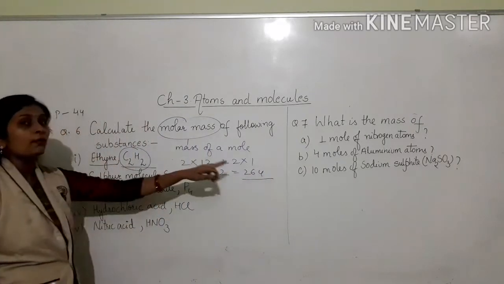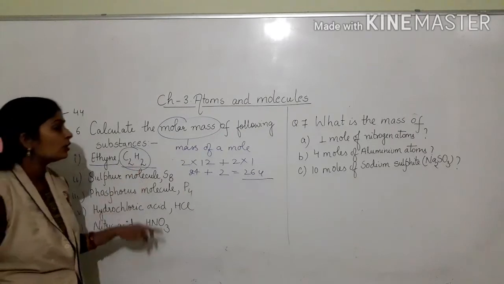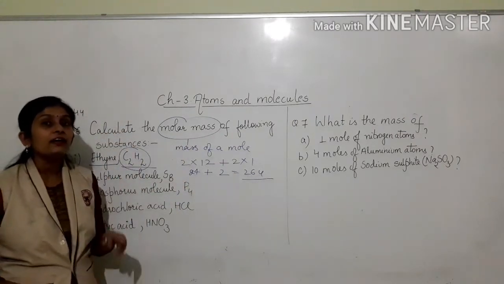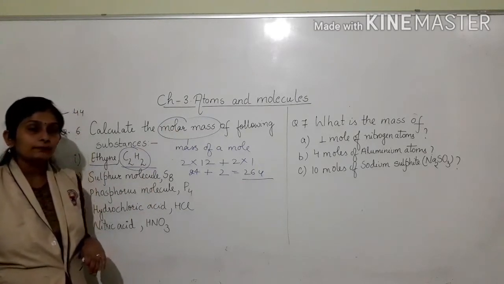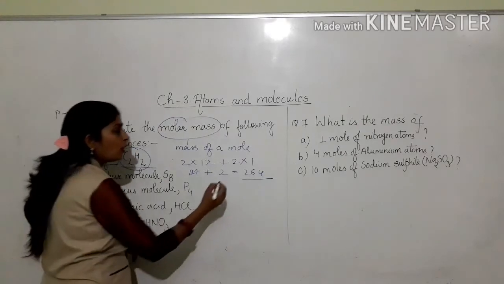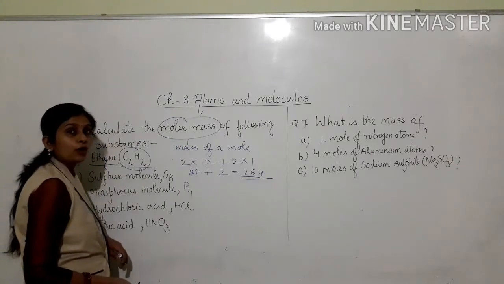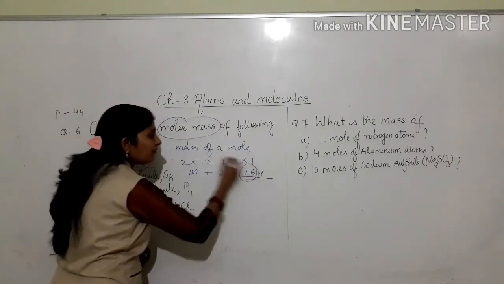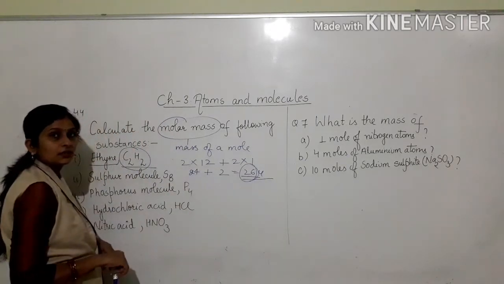So what is the molecular mass of the ethine molecule C2H2? It is 26 U. But here we have to calculate molar mass. As I told you earlier, whatever numerical value the molecular mass has, the same numerical value will be its molar mass.